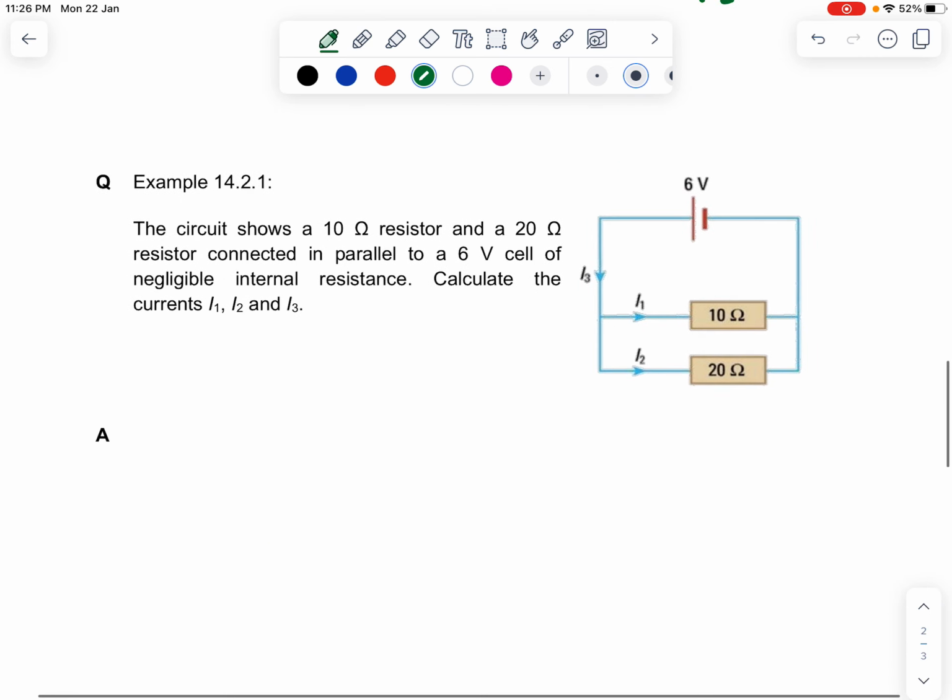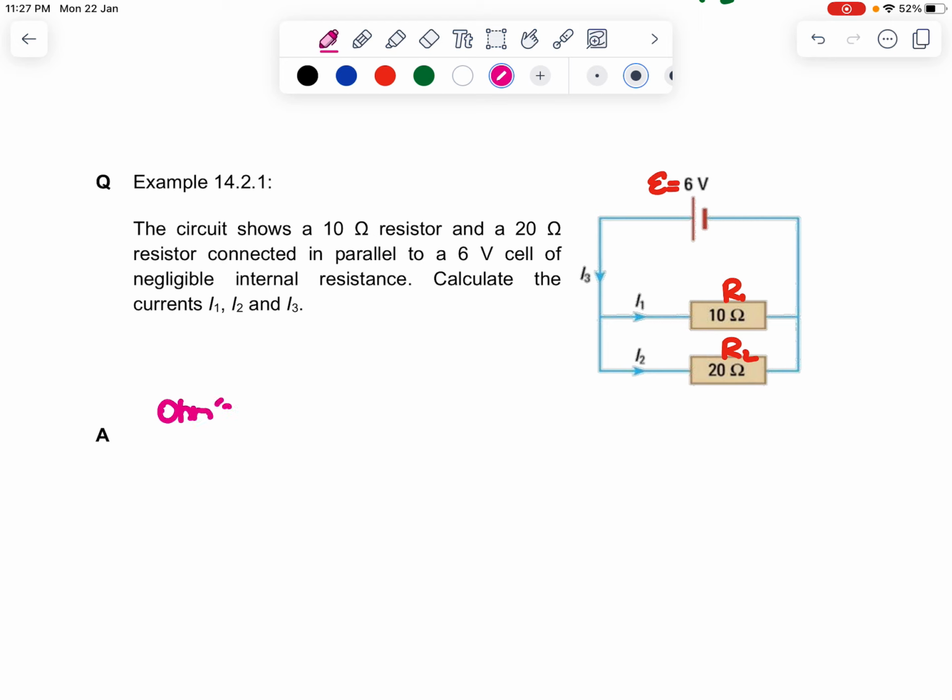Next, let's do a quick example for parallel circuits. In this example, we know that the EMF is equal to 6 volts. Resistance 1 and resistance 2 are 10 ohms and 20 ohms respectively. Using the formula, Ohm's law, R equals V over I, we can calculate I1 first.